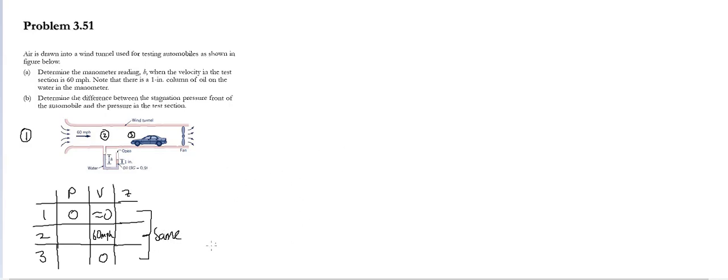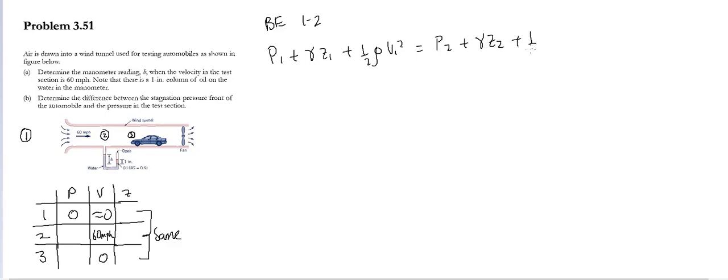Okay, so we are going to start with our Bernoulli equation between point 1 and point 2. That allows us to relate those 2 points in terms of pressure, velocity, and elevation. So we do P1 plus gamma Z1 plus 1/2 rho V1 squared is equal to P2 plus gamma Z2 plus 1/2 rho V2 squared.